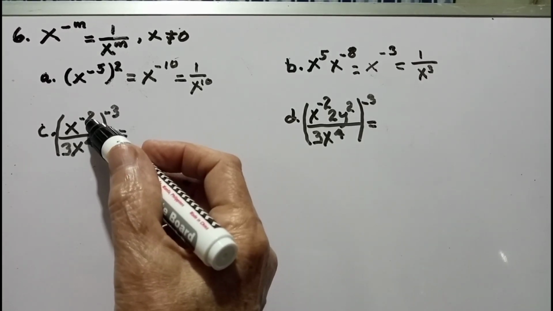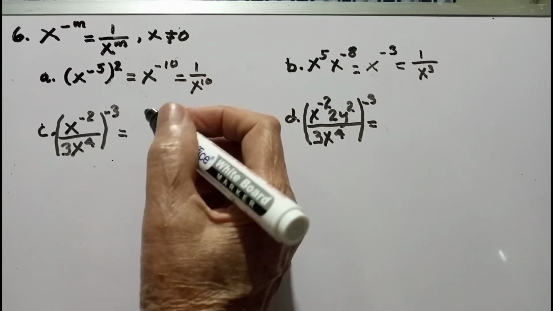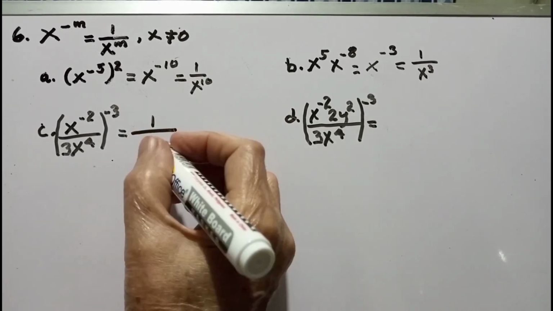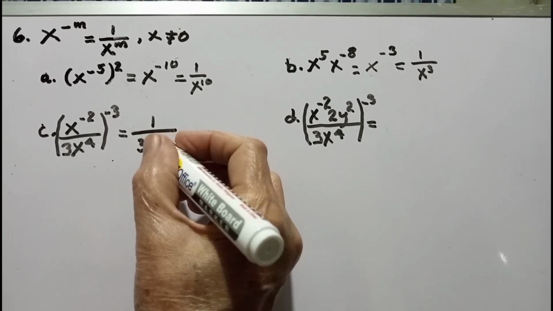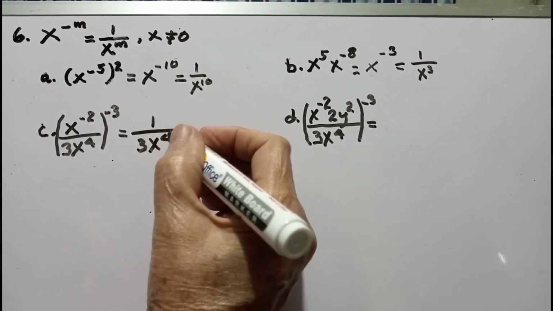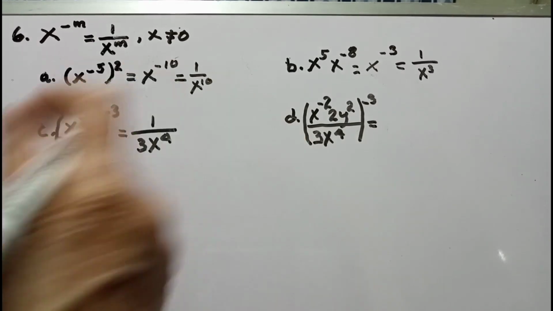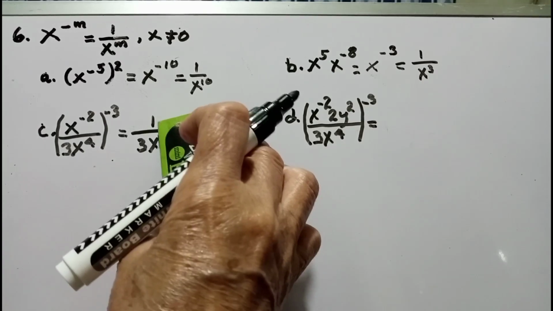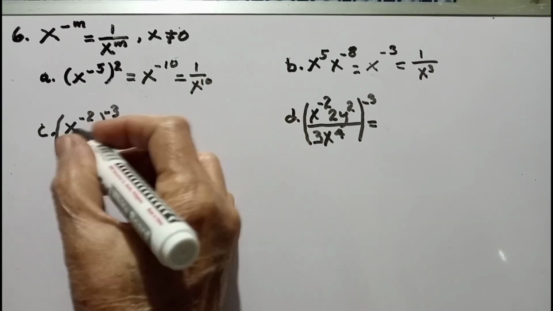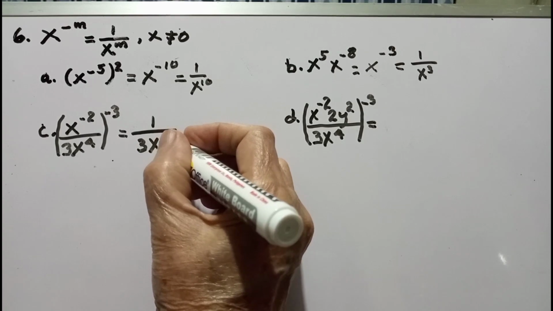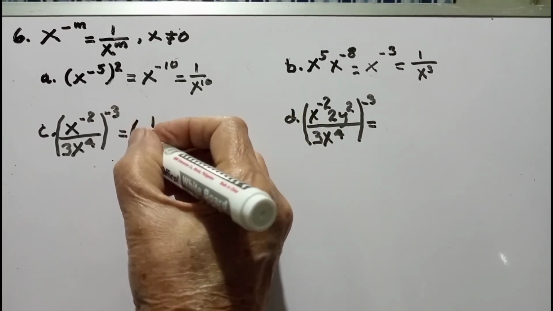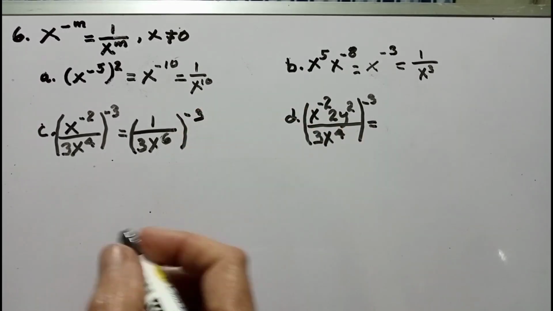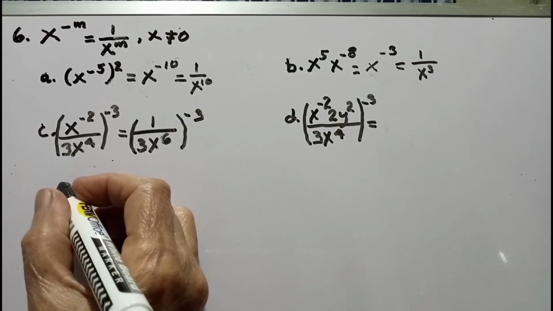Since this is negative 2, we have to bring this down, so that will become 1 over 3x to the 4th plus 2, so that would become x to the 6, quantity to the negative 3.